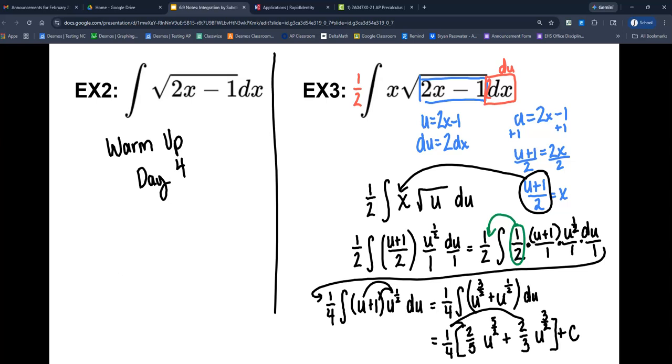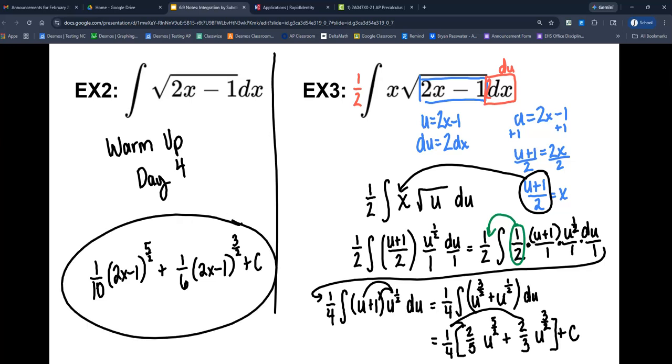So if they distribute, you will have 2 over 20, which is 1/10, times 2x minus 1 to the 5/2. Plus, we'll have 1/4 times 2/3, which will give us 2 over 12, which is 1/6 times 2x minus 1 to the 3/2 plus c. So that would be our answer for this problem.